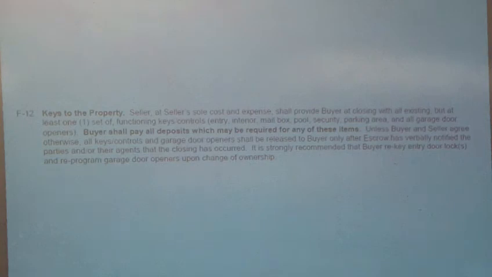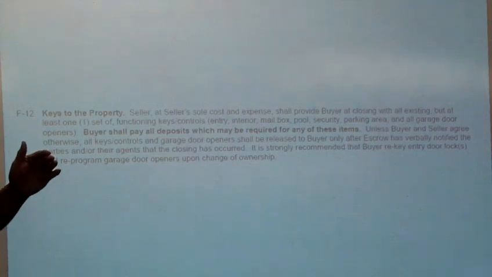They have to change keys anyway. So the seller would have nothing to charge the buyer, because if the buyer wants another set, they go get it, not the seller. Okay?